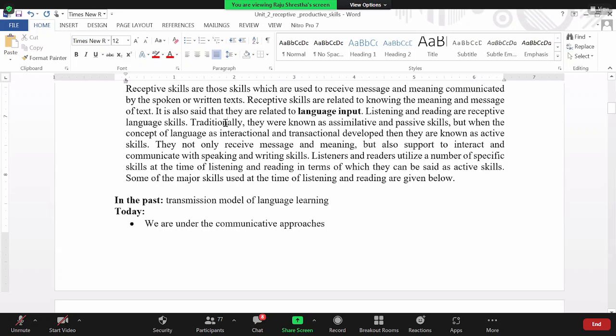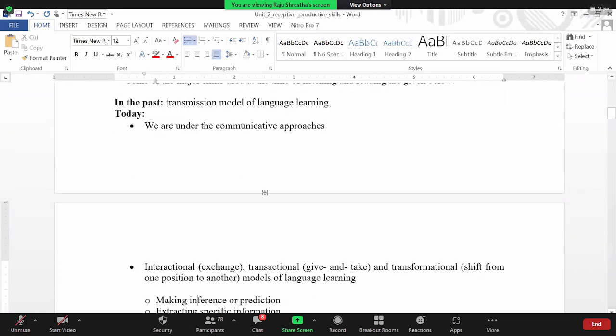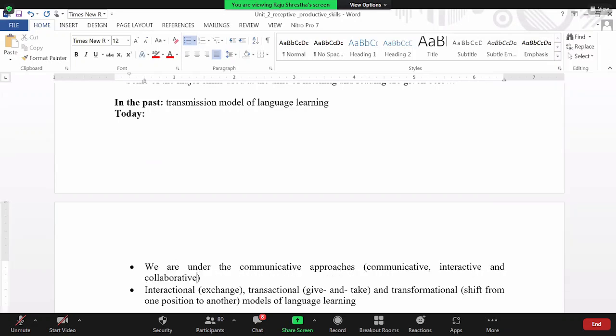Why are they called passive skills, why are they called active skills? For this, तपाईंले यो model चाहिँ सम्झिनुपर्ला: transmission model was in the past. Then today we have communicative approaches. Communicative approaches ले खोज्ने भनेको तीनवटा कुरा खोज्छ विशेष गरेर. Three things, we discussed in chapter 1: communicative, interactive and collaborative. ये तीनवटा चीज चाहिँ communicative approaches ले खोजेको हुन्छ.